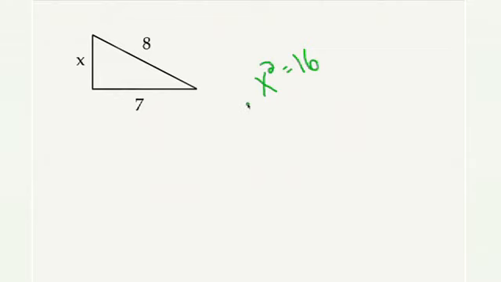Every number actually has 2 square roots, both a positive square root and a negative square root. In particular, when, as Jerry says, we take the square root of both sides, it's important to remember that 16 has 2 square roots, both positive 4 and negative 4, because positive 4 squared is 16 and negative 4 squared is 16.